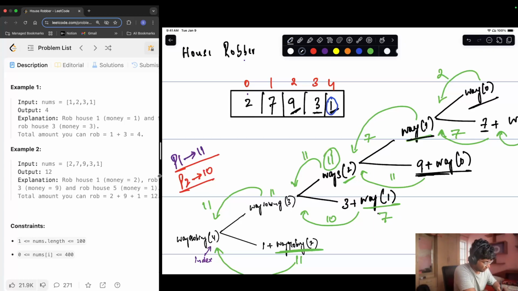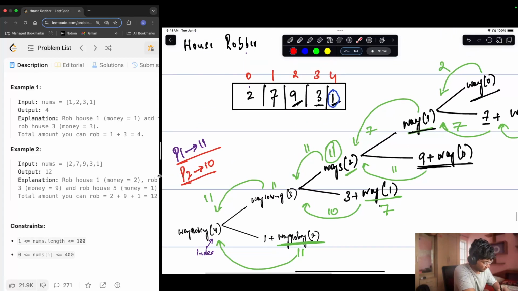You can pick 2, 9 and 1, which will give you a profit of 12, or 7 and 3, which will give you a profit of 10, right? So what is our best answer? It is picking 2, picking 9 and picking 1, which is nothing but 12. So possibility 1 is 12, possibility 2 is 11.